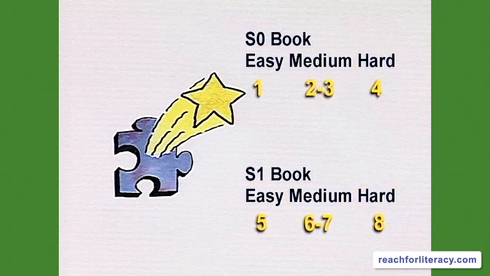Use levels 1 through 4 for students in Stage 0.5 and levels 5 through 8 for Stage 1 students. The familiar book and the new book should be similar in difficulty. Recently, many more pattern books have been made available, making gradual book progression easier to do.